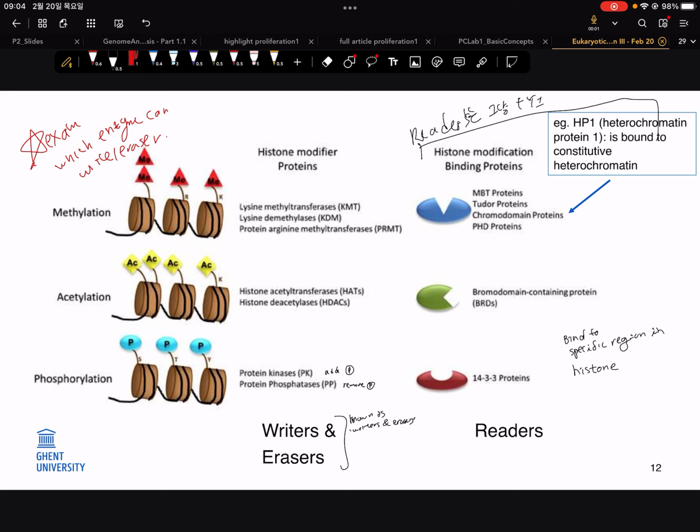H1 is a histone, the linker. HP1 is another protein, and HP1 has a chromodomain and binds to constitutive heterochromatin. So at the telomeres and at the centromeres, you have a lot of HP1 bound to that region because of the methylated histone.